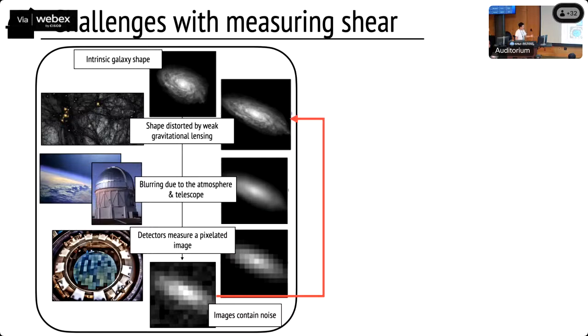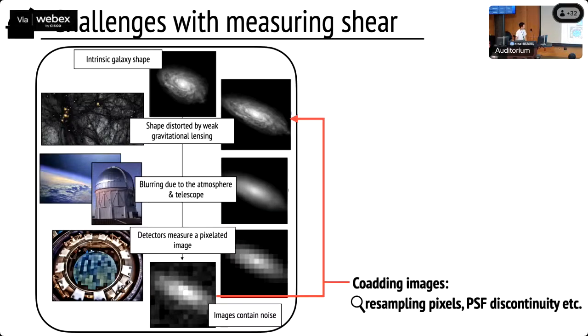So we have to process the images in order to extract the distorted galaxy shapes, which we call shear. The steps include coadding images to enhance the signal to noise of the objects and resampling pixels, where there are challenges like aliasing, especially for undersampled images like Rubin's, and PSF discontinuity, especially for surveys like LSST.